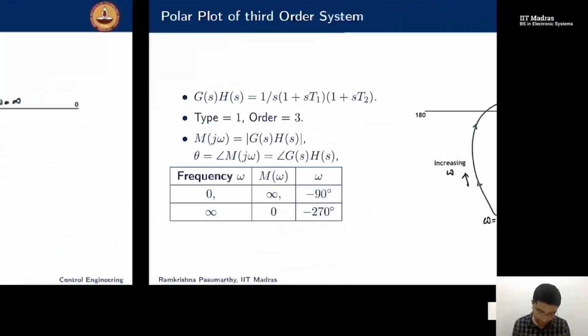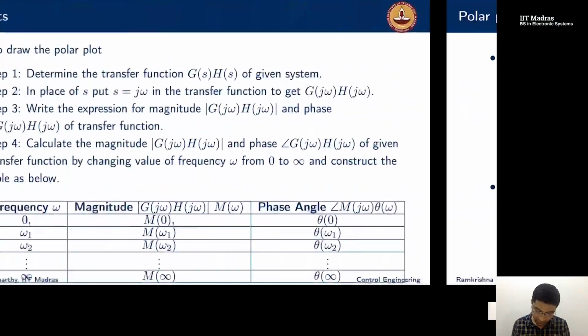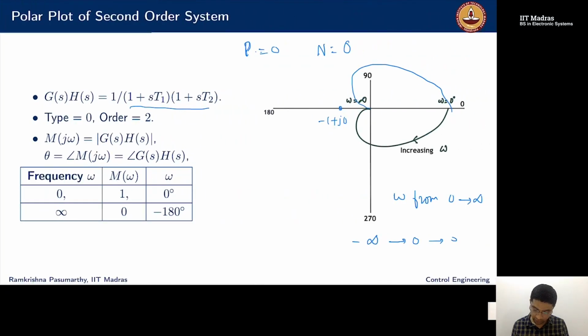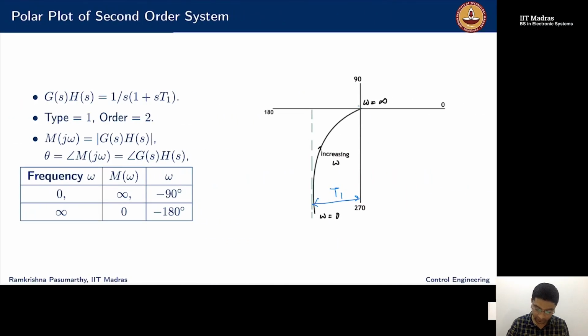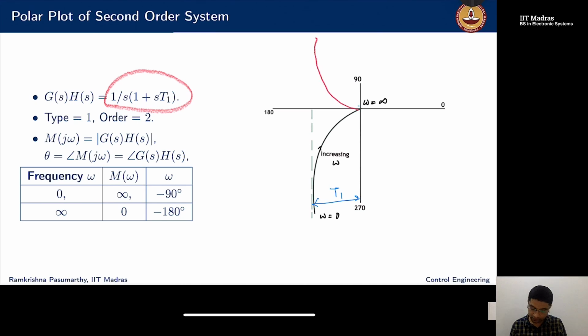Let me see if I had the polar plot of that. As omega goes to 0 and goes to infinity, this was omega equal to 0, and this was omega equal to infinity. By symmetry I can draw the plot for negative frequencies: omega equal to minus infinity goes really far away and then comes back here.